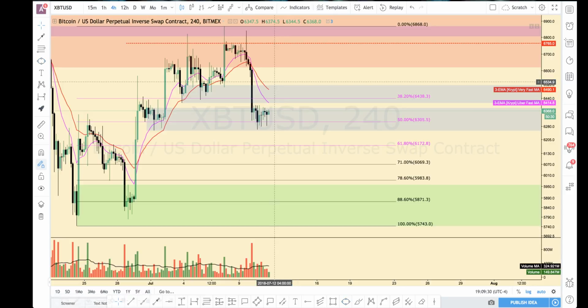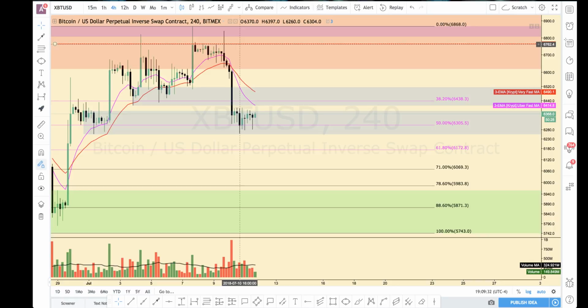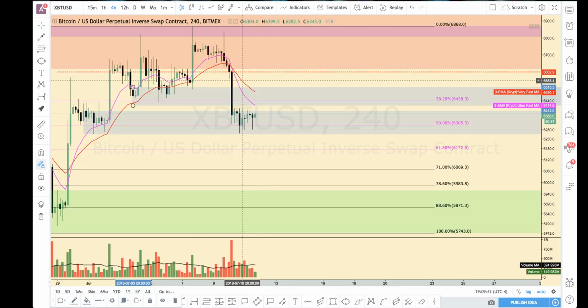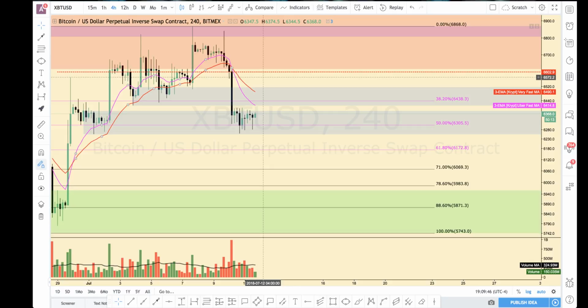I want to move my stop, which I have moved to about 6,600 just to be safe from any ridiculous wicks. You definitely want your stop above this order block and above these EMAs, because price could definitely retrace and come up in this area.